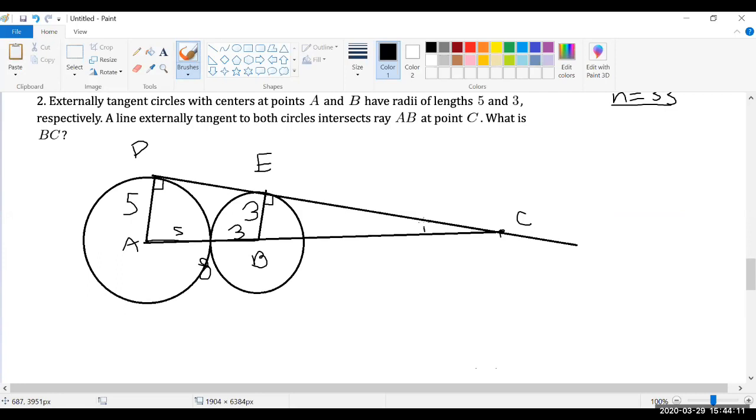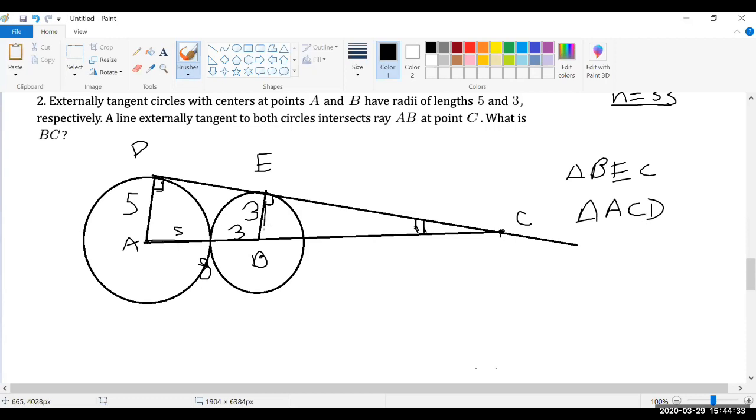All right, at this point, we see, well, we have right angles, which are congruent. We have this angle that's common to both triangles BEC and triangle ACD, right?